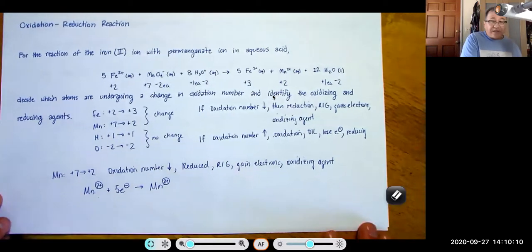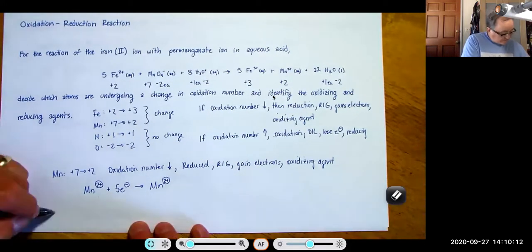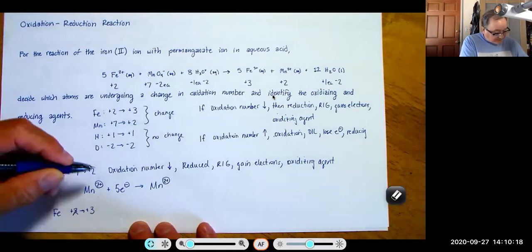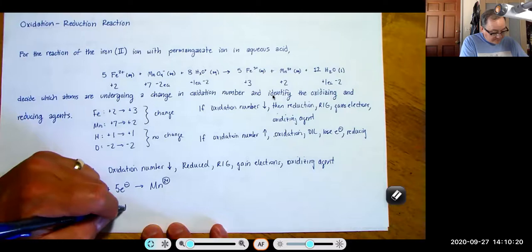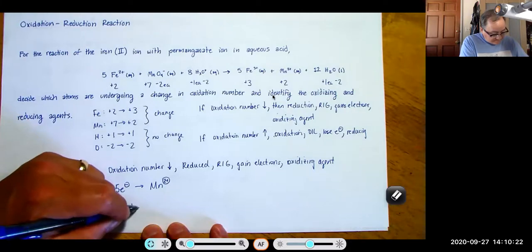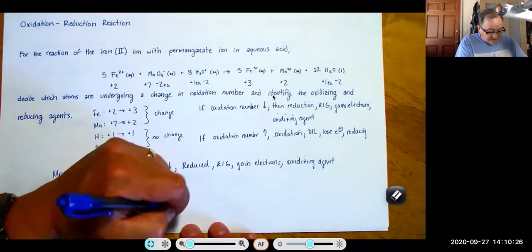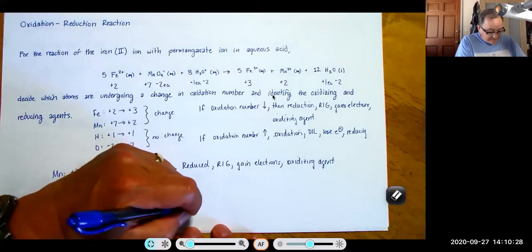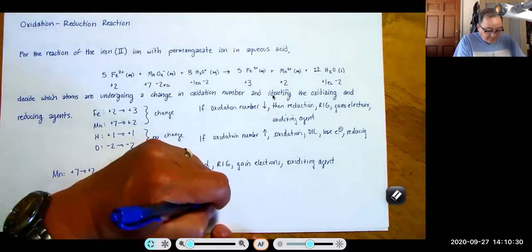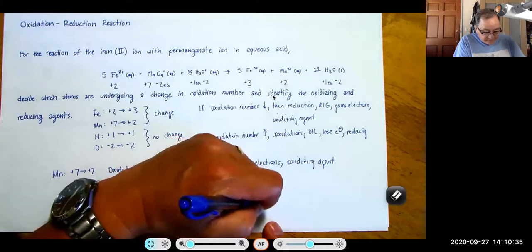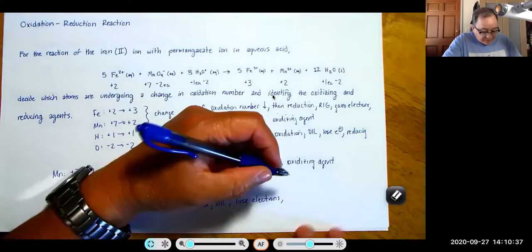Now, what's happening with the iron? We go from a +2 to a +3, which means that the oxidation number increases, which is oxidized, or OIL, lose electrons, and it's the reducing agent.